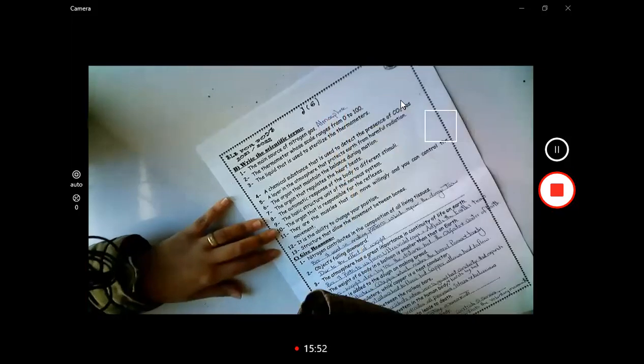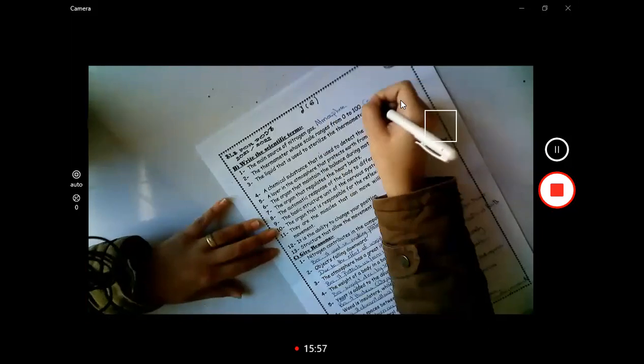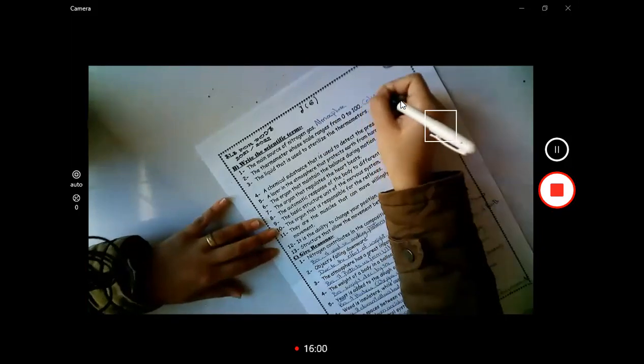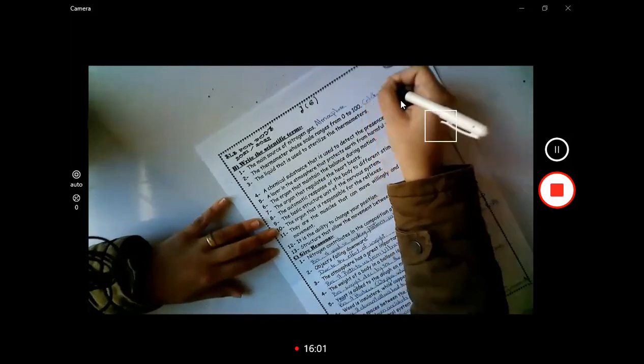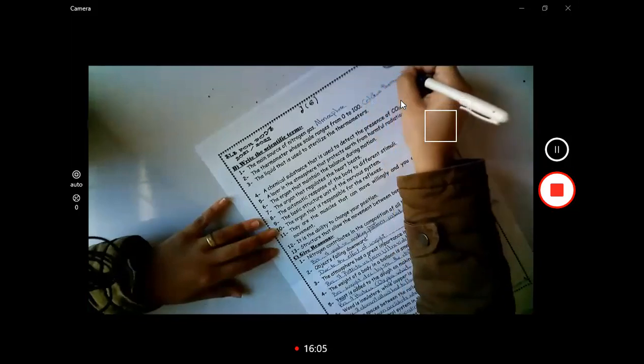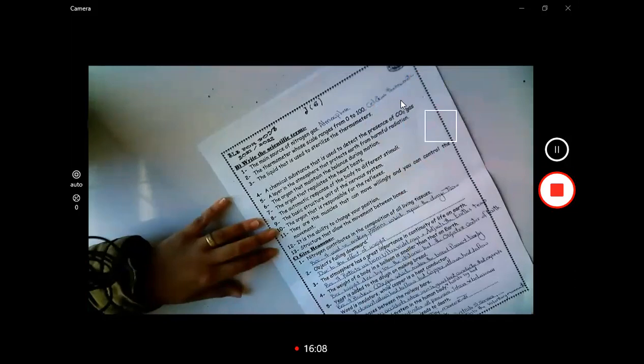The thermometer whose scale ranges from 0 to 100, Celsius thermometer. Okay.